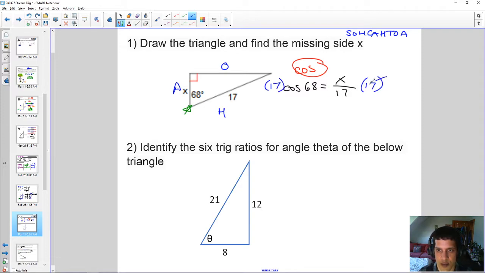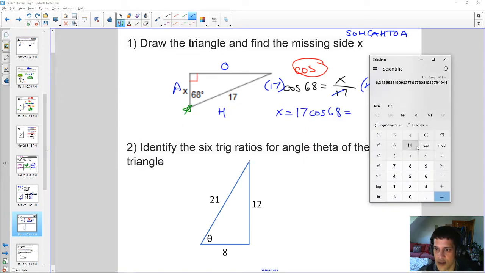17. And then we get x equals 17 cosine 68, which is equal to 17 times cosine of 68.